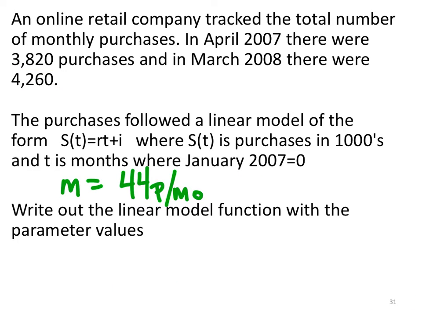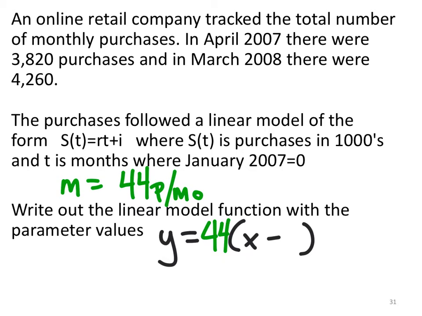So 44 purchases per month. Write out the linear model function with the parameter values. Okay, well, this is going to take us back to point slope form. So we have y equals m, which is the 44 purchases per month, times x minus the x value, plus the y value. So I'll put in the 44 there.